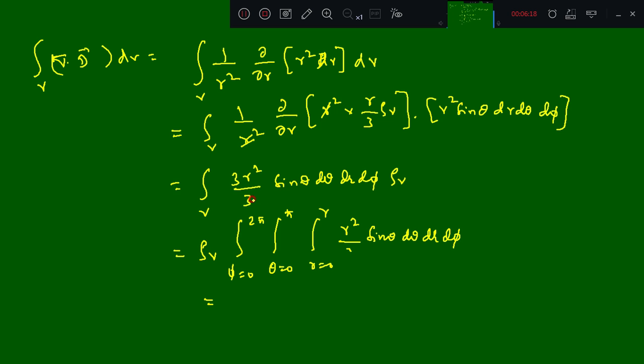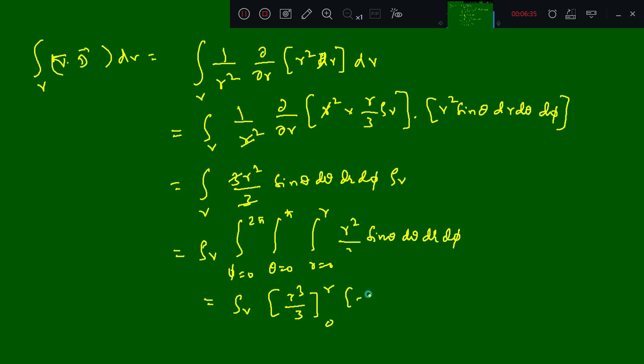Here the 3 gets cancelled. So it is rho V into the integration for r, which is r cube by 3 from 0 to r.